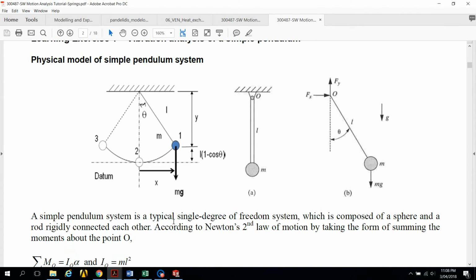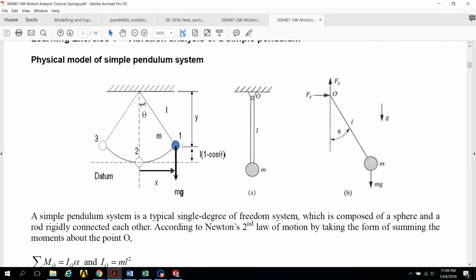This is a physical model of the simple pendulum system. We have the pendulum at a certain position. The chord length is L, the angle is theta, the horizontal distance is X, and the vertical distance is Y from the hanging point.